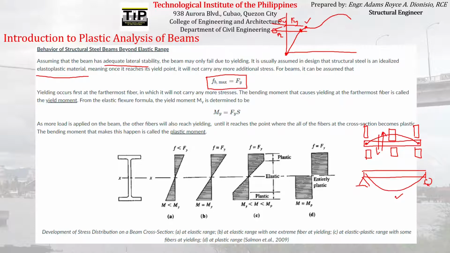Once na nakarating na siya diyan sa point na 'yan, hindi na siya magre-resist ng stress larger than that. That's the behavior of elastoplastic material. Okay, so meaning lang nun guys, yung maximum bending stress na kaya niya lang i-resist ay equal sa Fy, yung yield stress na tinatawag, hanggang diyan lang yung maximum value nito.